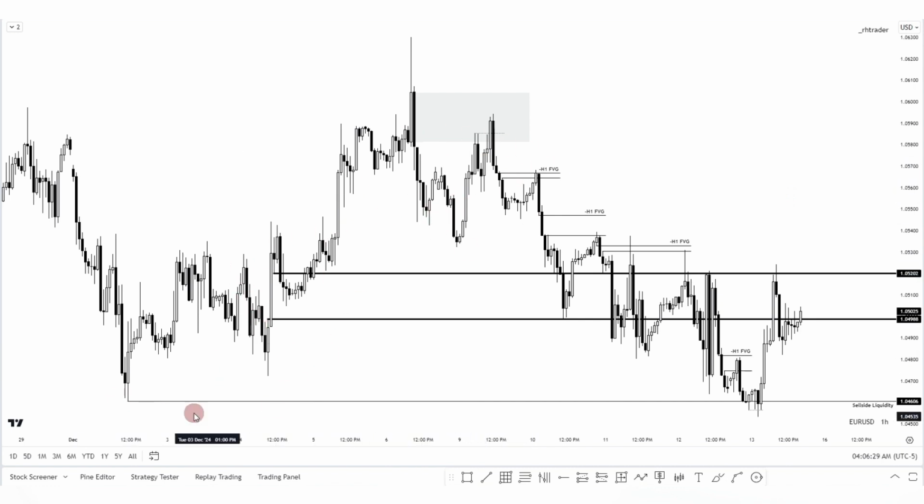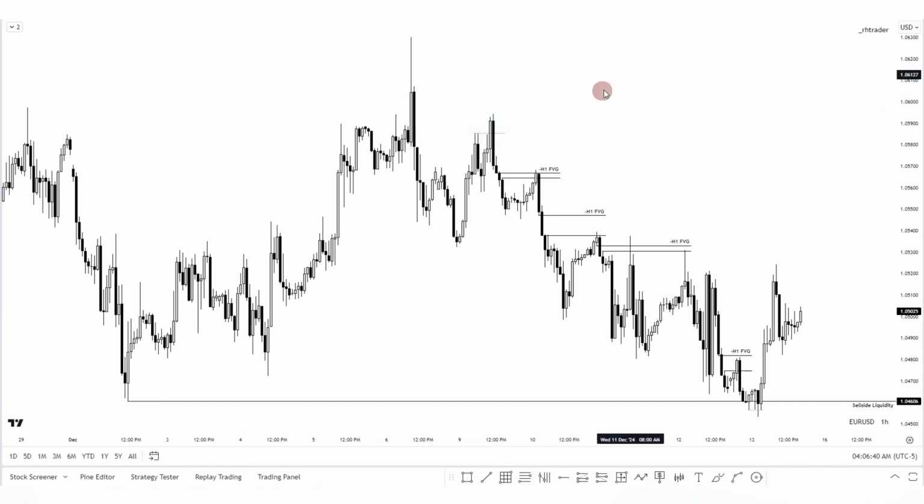So these fair value gaps, as you can see, work very, very well if you know what you're looking for. Now, these gaps are also very much necessary if you're trying to trade without market structure.